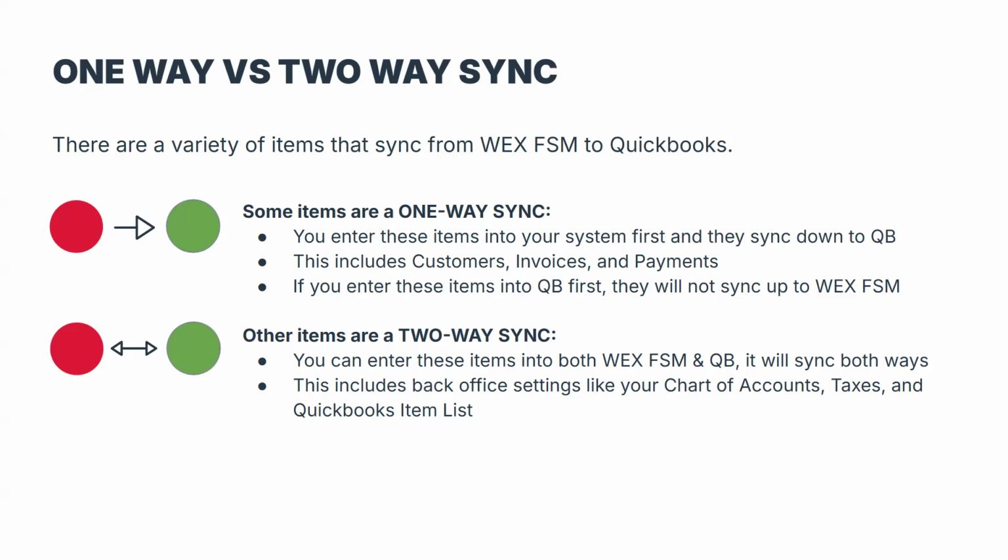So for example, if you are out of onboarding, you're officially syncing, everything is hooked up. If you add a customer in QuickBooks, let's say, it will not sync up to WEX FSM. Customers, invoices, and payments must be entered into WEX FSM first, and then that will sync down to your QuickBooks.